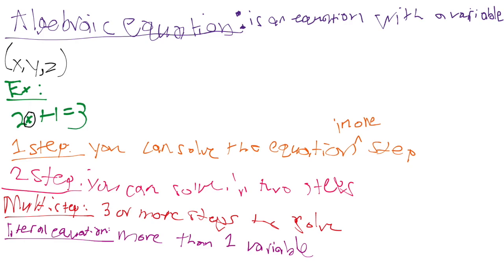An example of an algebraic equation is 2x plus 1 equals 3. And then there are 4 types of algebraic equations. We have one-step equations, two-step equations, multi-step equations, and literal equations.